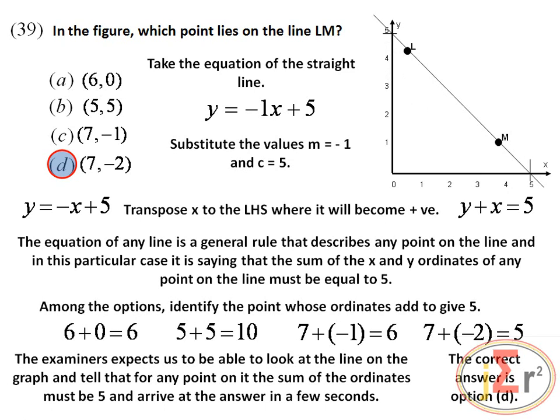Therefore, any point on that line, if we add the x and y ordinates, we will get 4. And that same thing applies to this line. Any point that is on this line, if we add the ordinates, we should get 5. We should be able to just look at the line and tell that, if we are very skillful in the equation of a straight line and our mathematics in general.